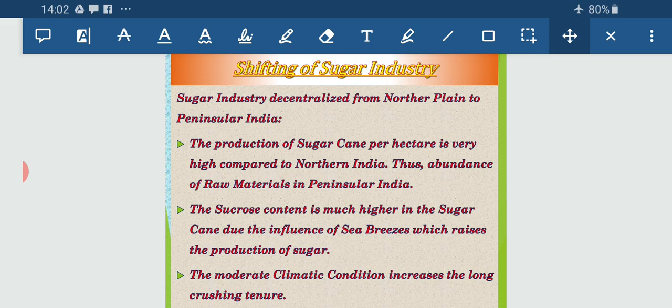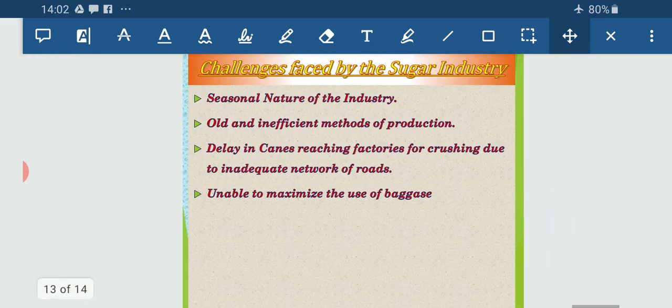Third, the moderate climatic condition allows a long crushing season. If you keep the canes for a longer duration, they will not dry up or lose weight because the temperature is moderate. So it gets a long crushing period, and that is why there is a tendency to shift the sugar industry from the northern side to southern India.